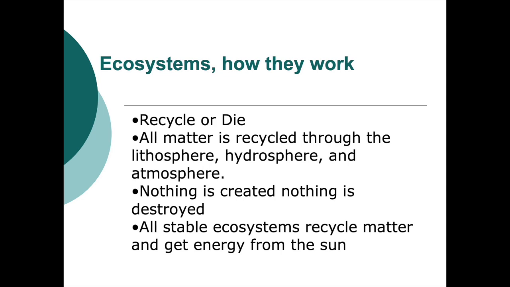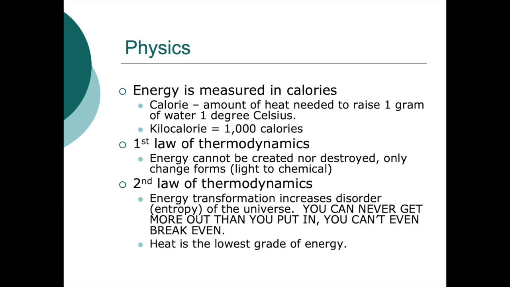Again, nothing is ever created, nothing is ever destroyed. There is no away when we throw something away. And so, another way to think about it is one species of food is another species poop. And so you have to have that entire chain where everything is being recycled all of the time. And again, primary energy source always going to be the sun.